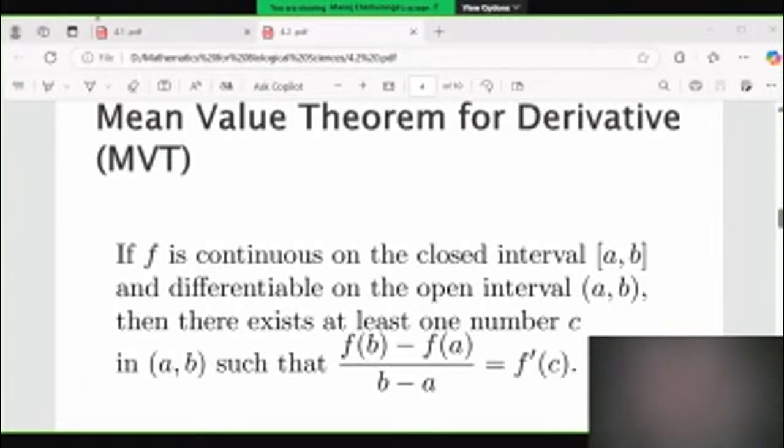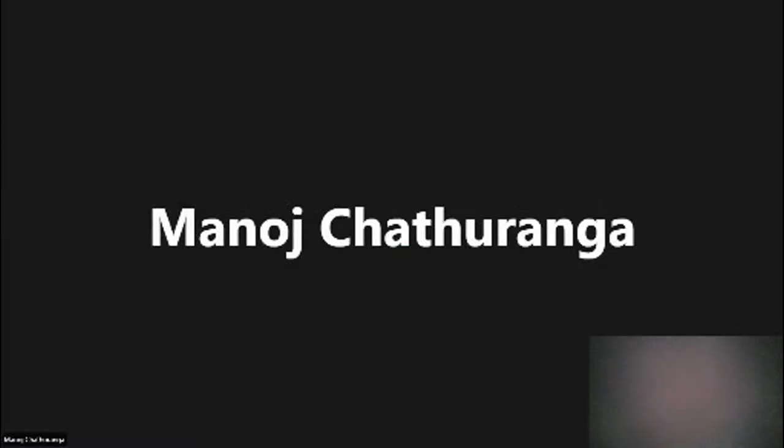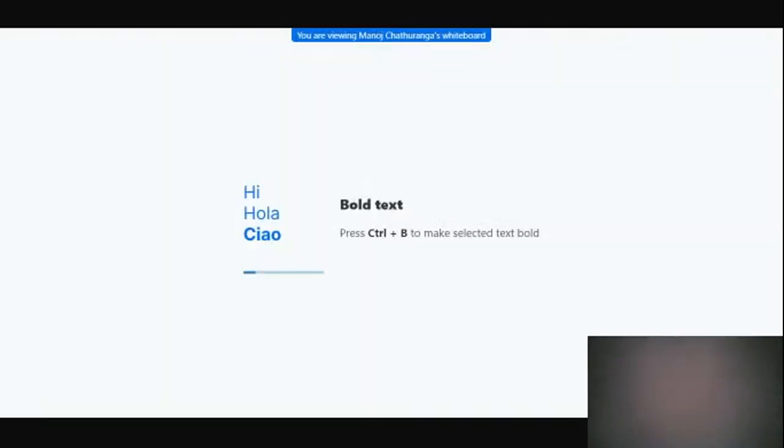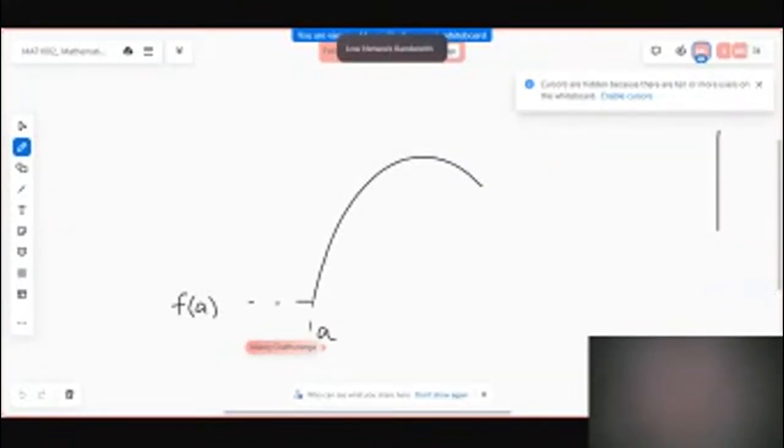I can show you the picture that you should have in your mind for this case. So think about this. This is f of a at a.